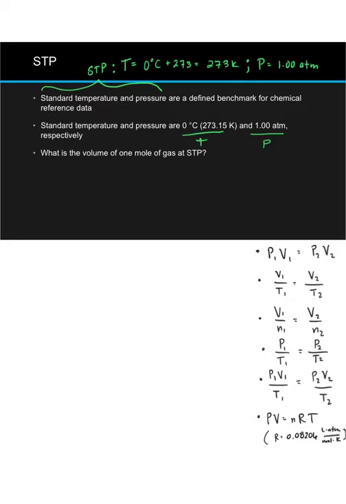So let's determine the volume that 1 mole worth of gas occupies at STP, these standard conditions of temperature and pressure. And once more, we can make a list of things that we know. Implicitly, by being told that conditions are at STP, we should recognize temperature is 273 K and pressure is 1 atmosphere. These conditions aren't changing, which should signal to us that we're likely going to need to use the ideal gas law.